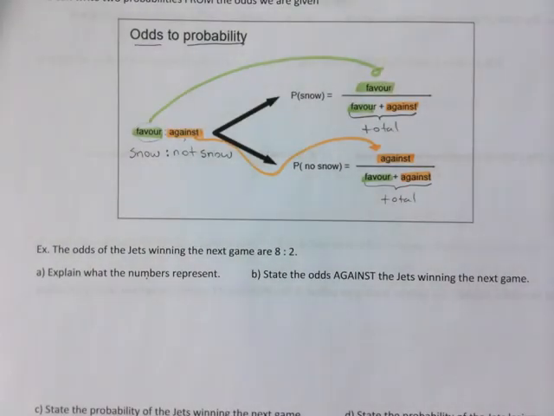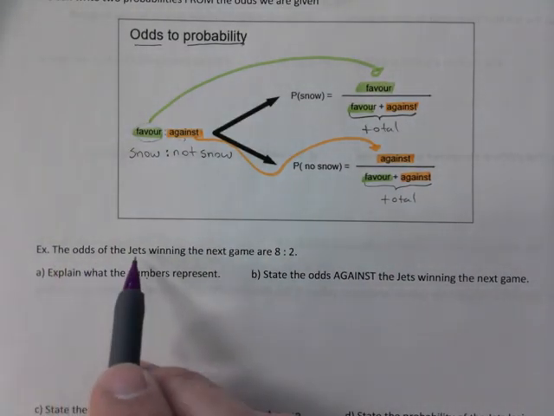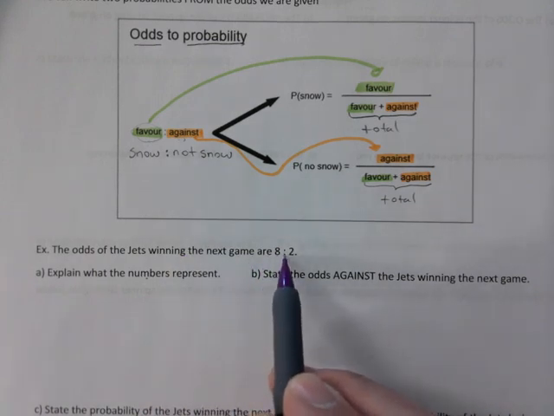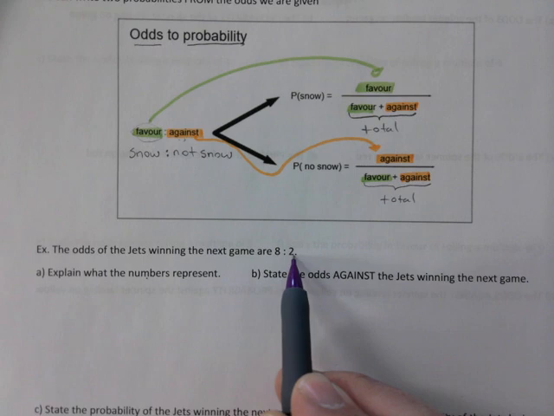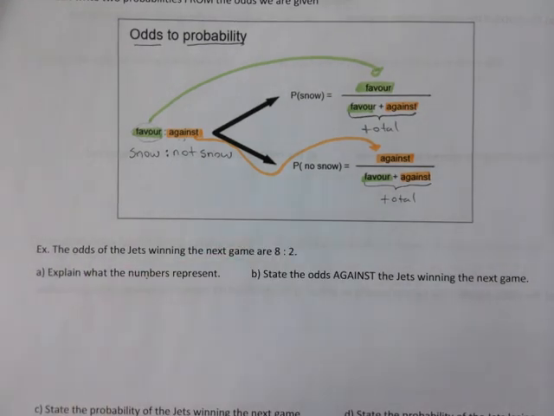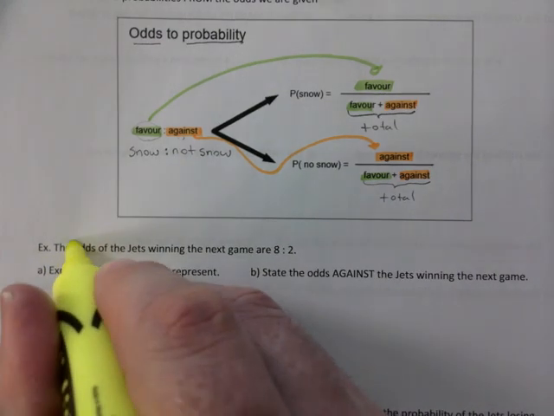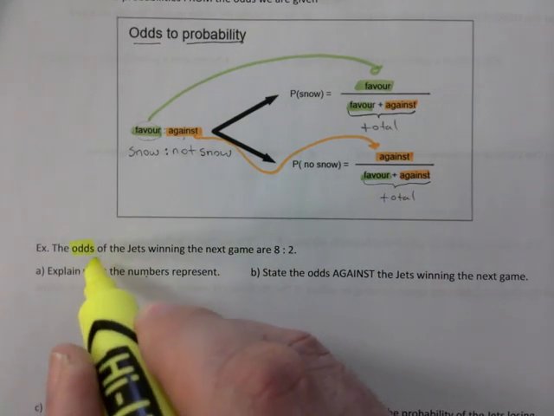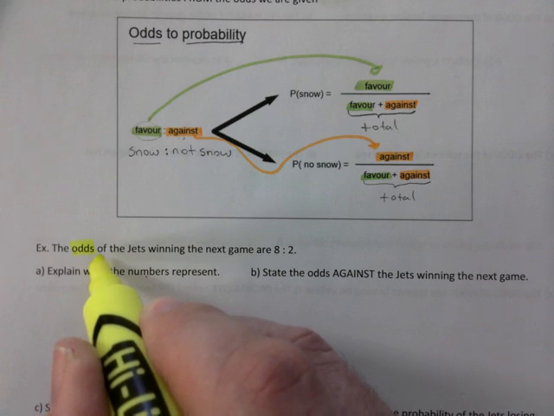You're ready, right? The odds of the Jets winning the next game are 8 to 2. What does that mean? You've got to first of all highlight odds, right? You know you're in the odds category, and it would either say against or in favor.